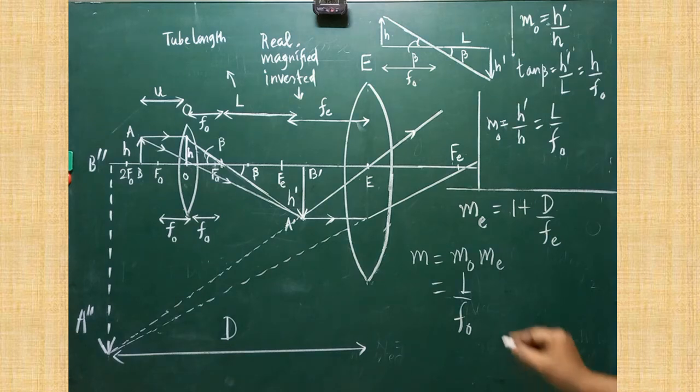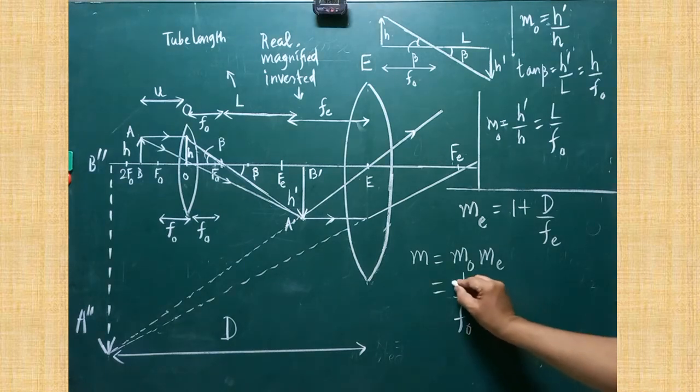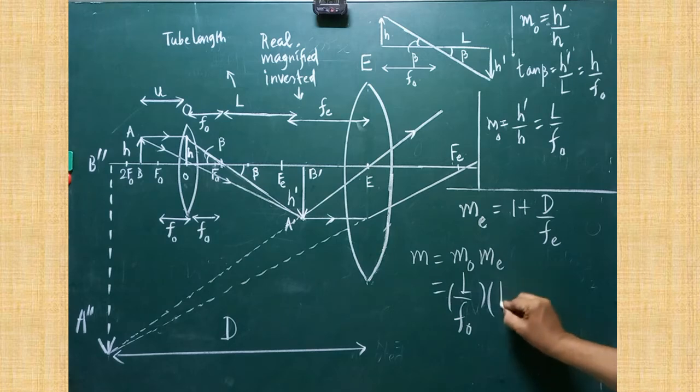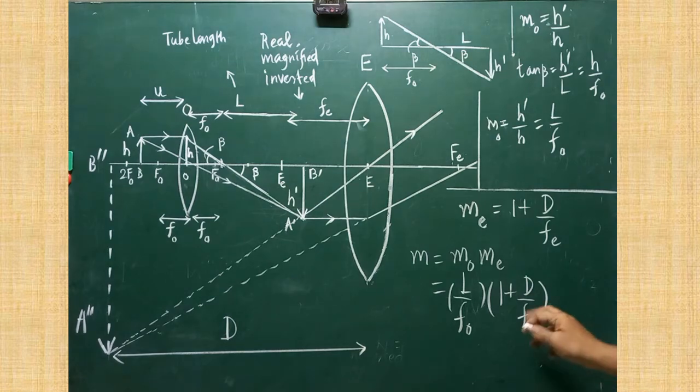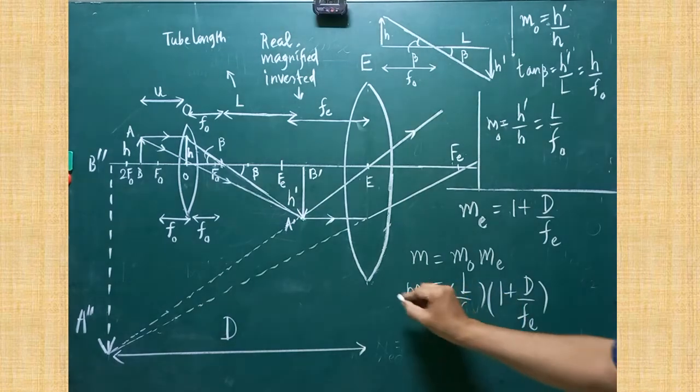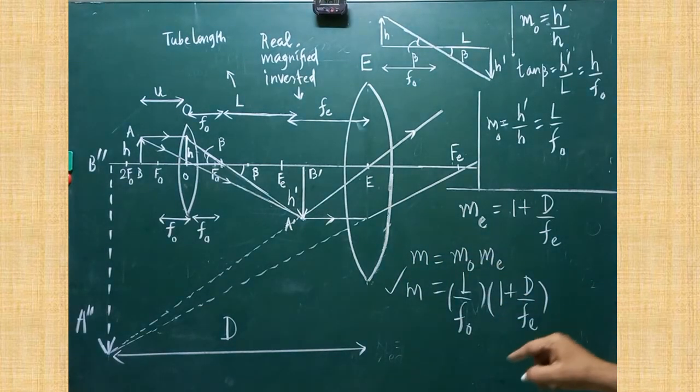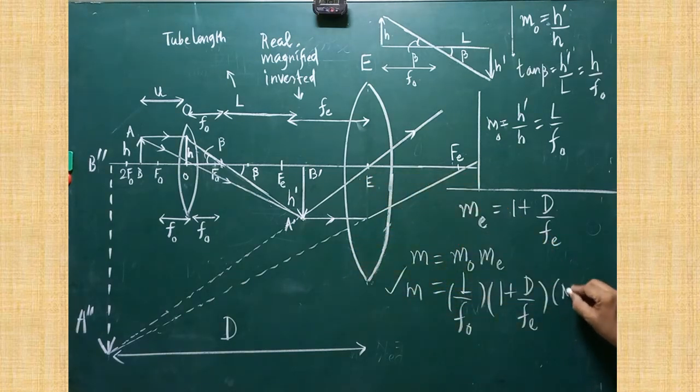That should be multiplied by ME, 1 plus D by FE. So this is the formula to be used. When can this formula be used? In the case of near point focusing, when the image is caught very near to the eye. By that time, this formula can be used.